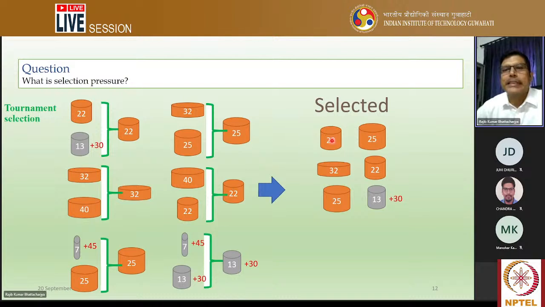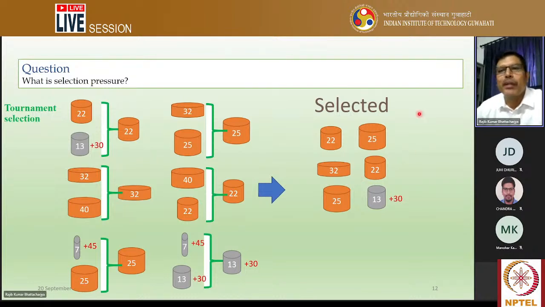Now you just see that 25 is the best solution. So 25 will win the tournament both times, and therefore you get 2 copies of this one. Now if I increase the tournament size, that means I am asking you to take 3 solutions instead of 2.